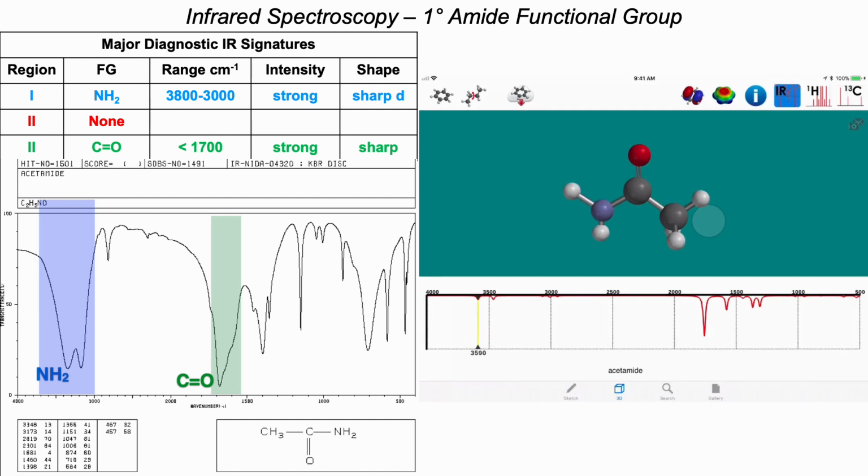So there's an asymmetric NH stretching. There's a symmetric NH stretching, the normal alkane stretching in this region here, region 1, and then we're going to move to region 3 to see the carbonyl stretch of the amide.